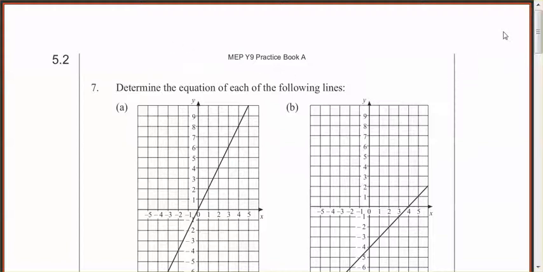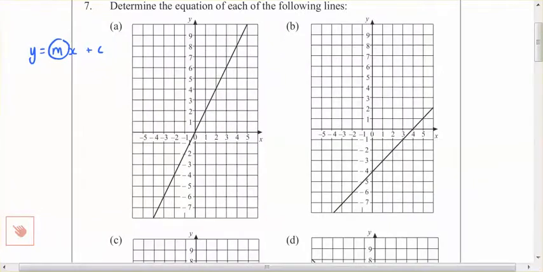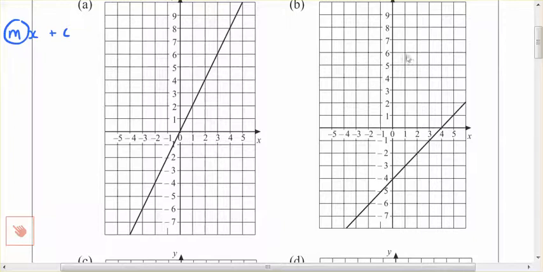So we've got this question. So what we're looking to do is now, each one of these has a function, and we now know that every single one of them is mx plus c, right? So m is the gradient. So if we can find the gradient, then we can then start the function.